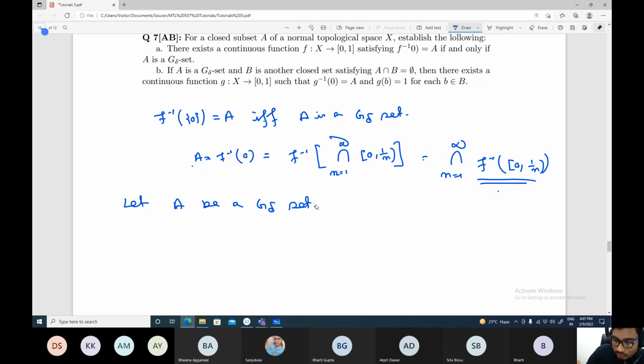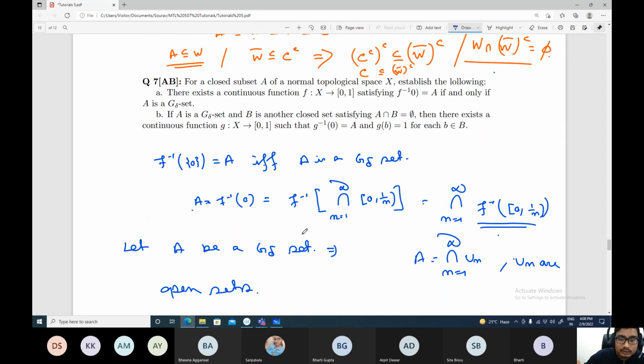G delta set means A equals a countable intersection of open sets, say A equals the intersection of Un, n equal to 1 to infinity, where Un are open sets. Right?